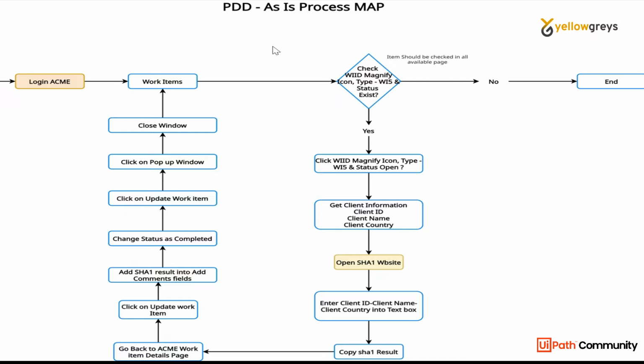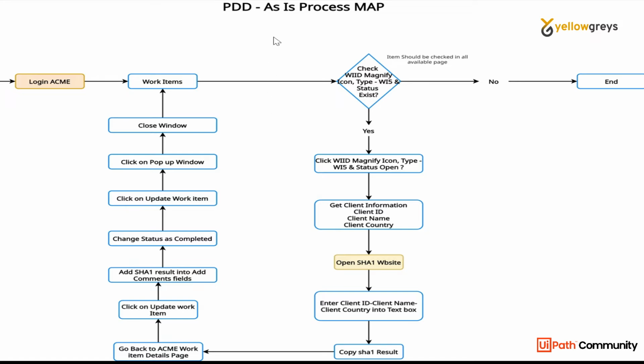The SME or business analyst will also give the as-is process map. If you want to look at the PDD, the process definition document, you can check it in the UiPath forum, where a template is available, or in the UiPath Academy tutorial.